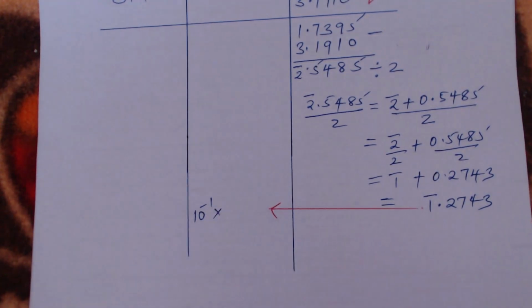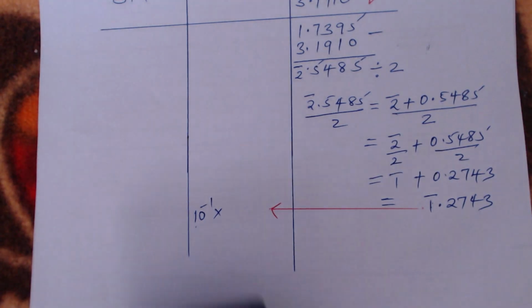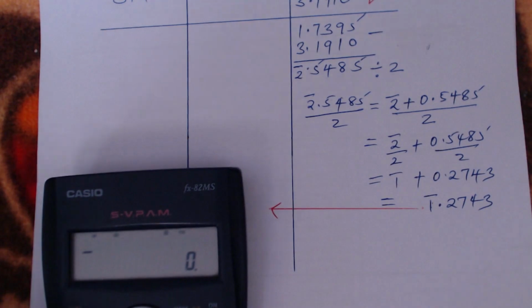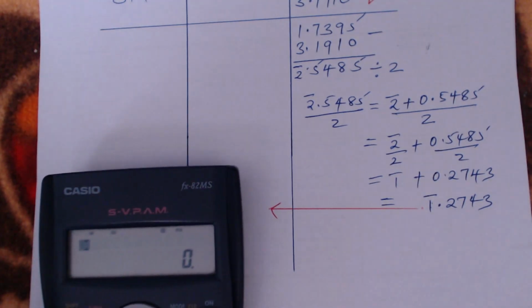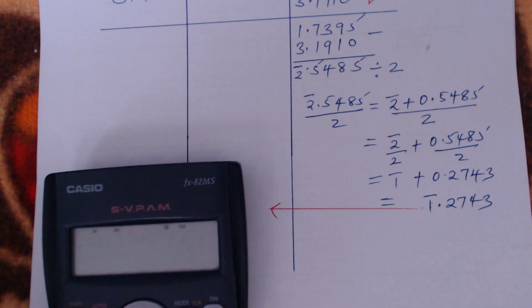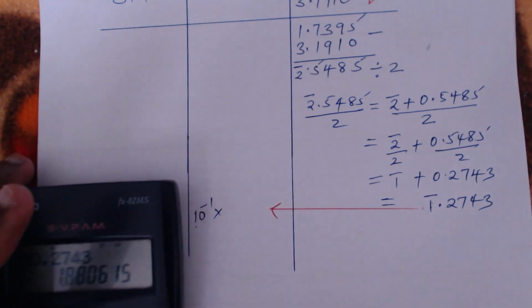Multiply by the antilog of 0.2743. Now to get the antilog using the calculator, you simply press shift, then log, then 0.2743.